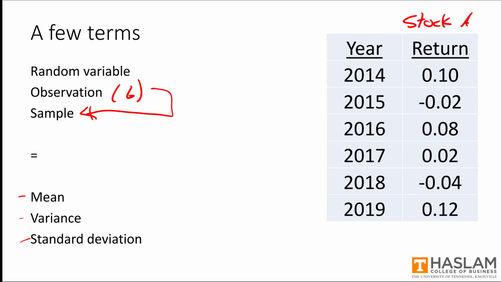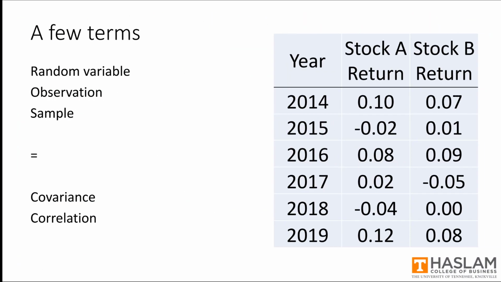All right, so we're just going to build off of this sample and add observations from a second random variable, a second stock that we'll call stock B. And so here we go.